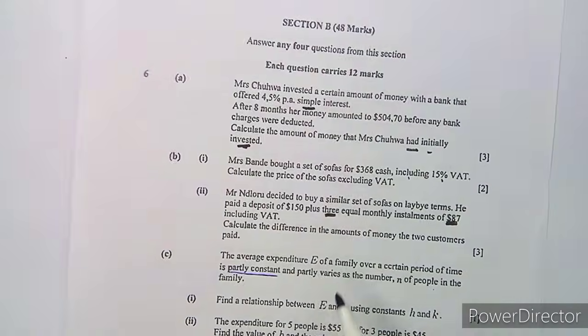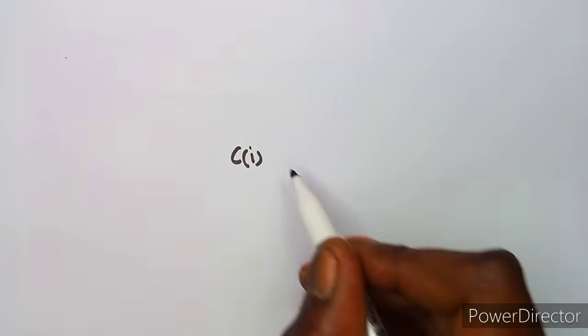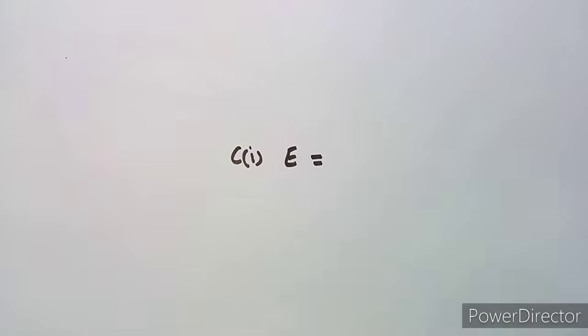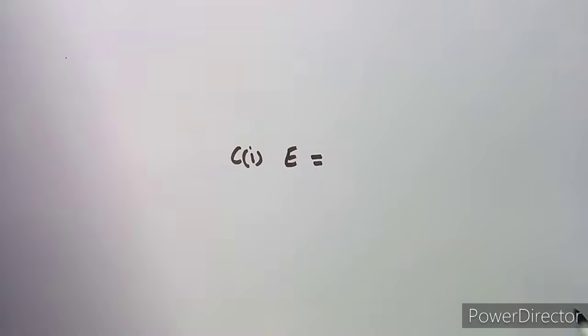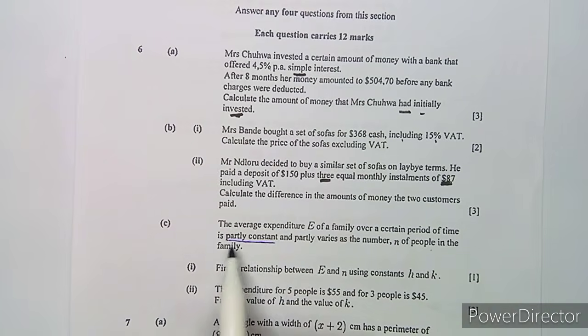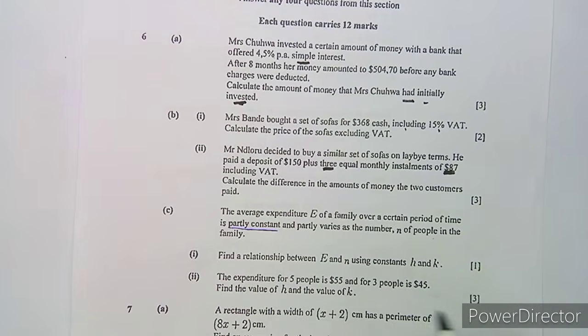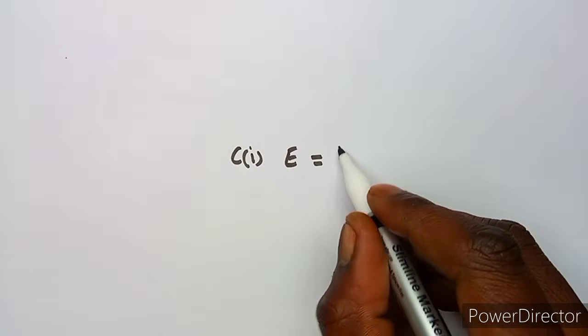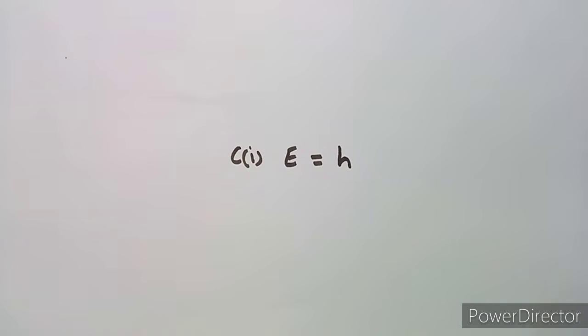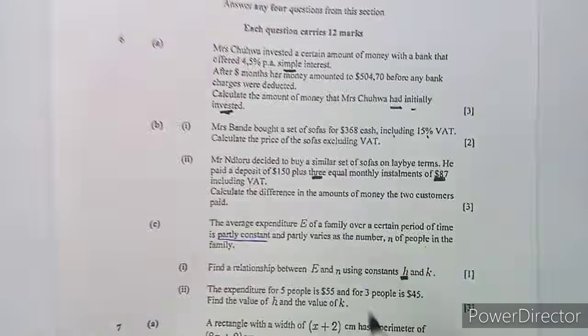So E, that is our expenditure, is equal to, you don't use the variation sign when you are working with partial variation, okay, is equal to partly constant. That is a constant. So you're going to introduce the first constant. So I'm going to introduce H because it's partly constant.